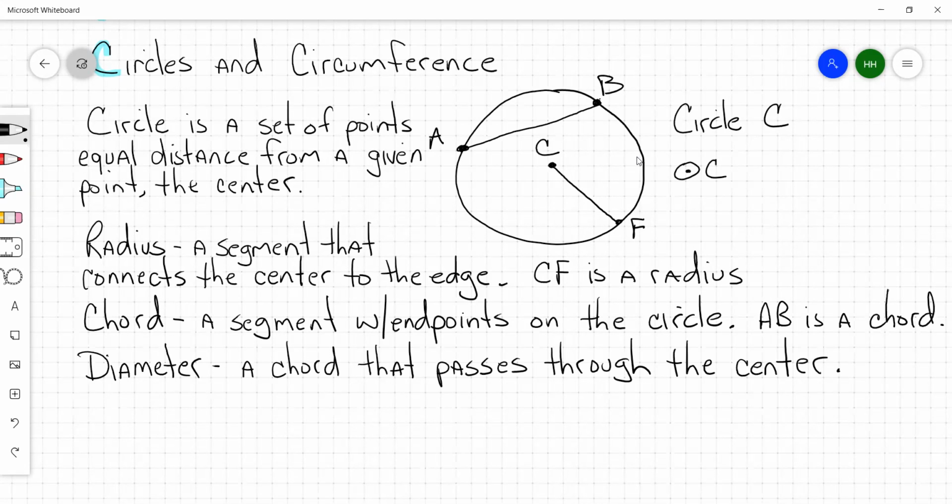So if we take a segment and we go from one end of the circle to the other end, but we have to go through the center, B, C, we'll go D, E. All right, so DE is a diameter. Everybody all right with that?